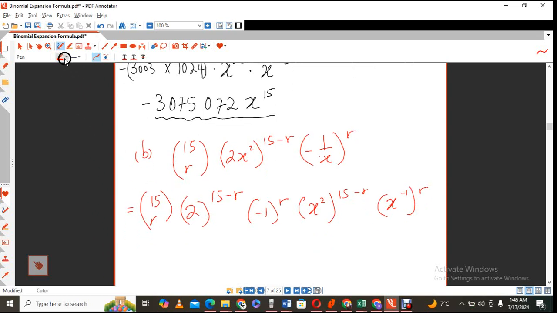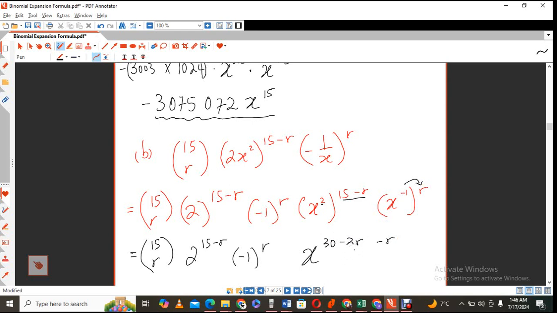Here you have that 2 which must multiply with that, so we have 15 choose r, 2 raised to the power of 15 minus r, times -1 to the r. And for x, double of that is 30 minus 2r, and then you have minus r over there when you multiply out this 2.